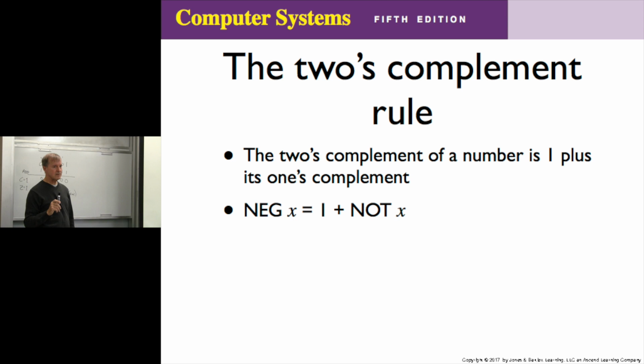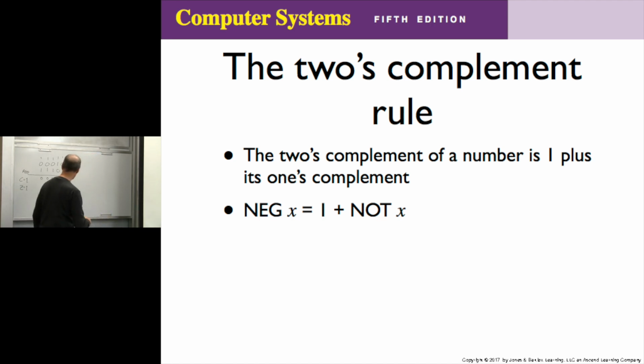Negate it. Turn it into its negative. So here's the rule. The two's complement of a number is 1 plus its one's complement. So neg x equals 1 plus not x.